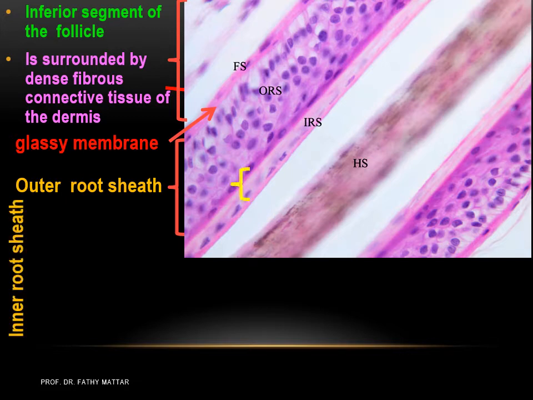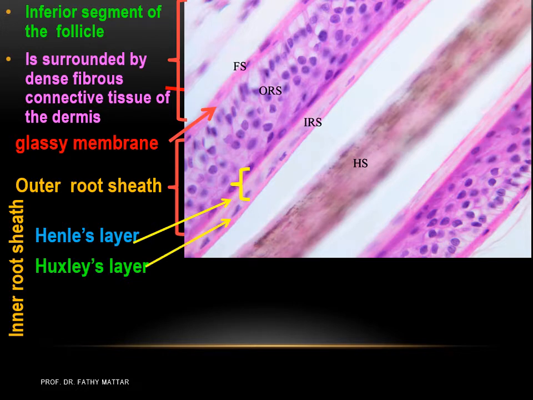The inner root sheath in this part is formed of two groups of cells: the Henle's layer underneath the outer root sheath and the Huxley layer following that, and inside there is the cuticle, which covers the inner part of the hair follicle.